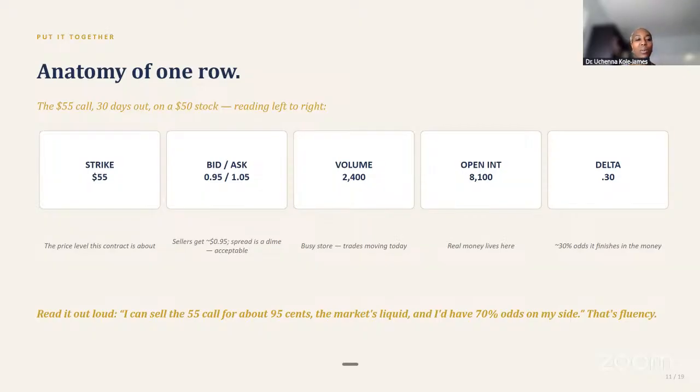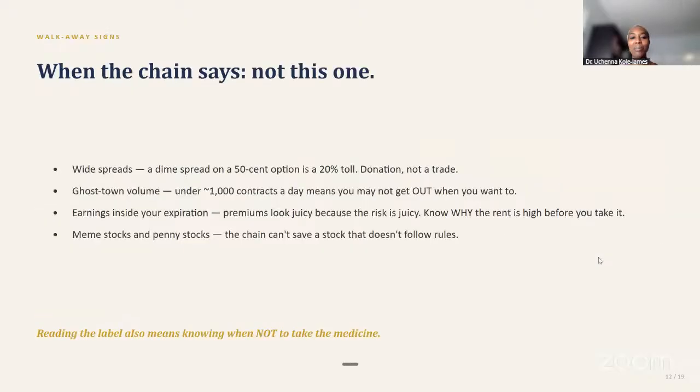And as a seller, that's what I want. So I can sell the 55 strike call for about 95 cents, or $95 because it controls 100 shares. The market is liquid based upon the volume and the open interest, and I have 70% odds on my side. So make sure you understand how to read the option chain.